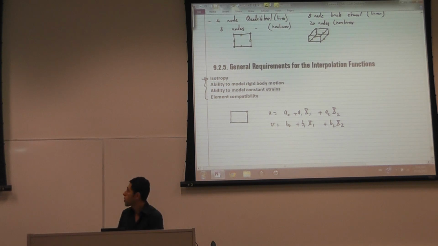So you want both the horizontal displacement and the vertical displacement to have the same form. And the reason is because if you change your orientation, if this is x1 and this is x2, if somebody else considers this x1 and this is x2, they need to come up with the same results. So the elements should not favor a direction.